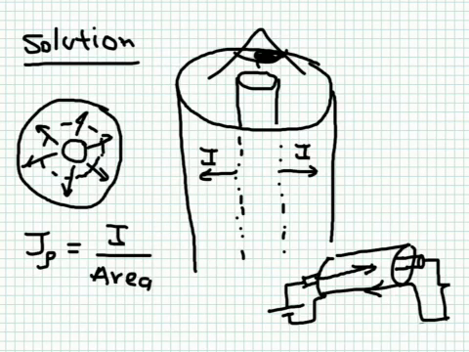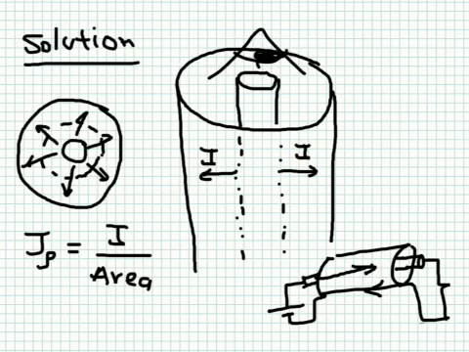If I know the current density, then I know the electric field, because they are related by the conductivity. And if I know the electric field, I can calculate the voltage difference between this conductor and this conductor in terms of the current, and get the ratio V to I. This is what I'm looking for: the ratio V to the leakage current I, which will give me the conductance.